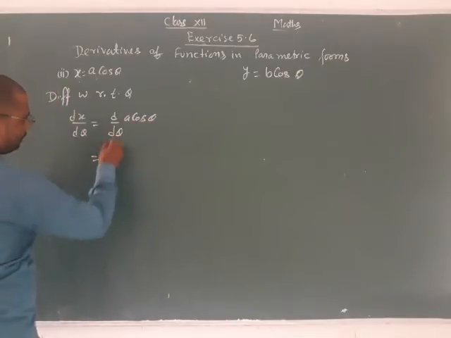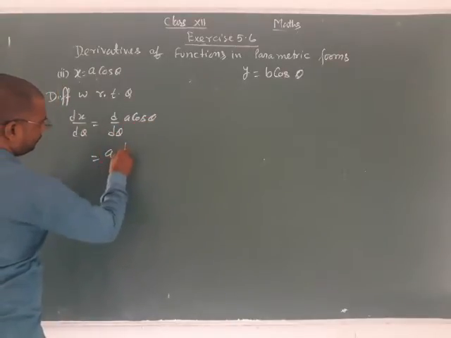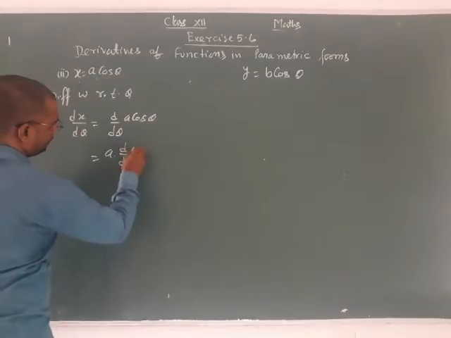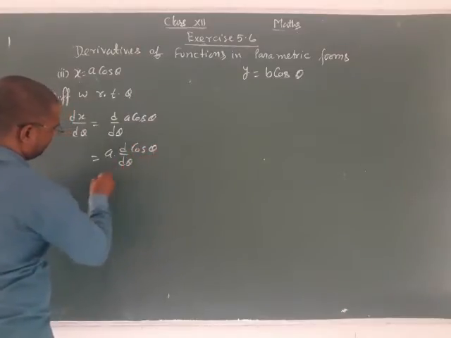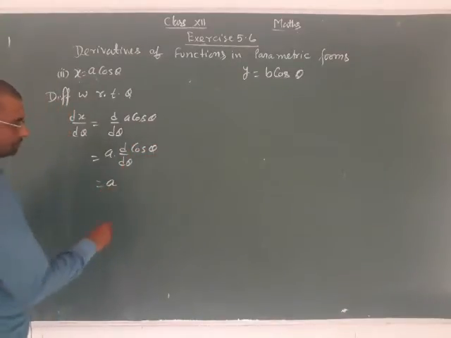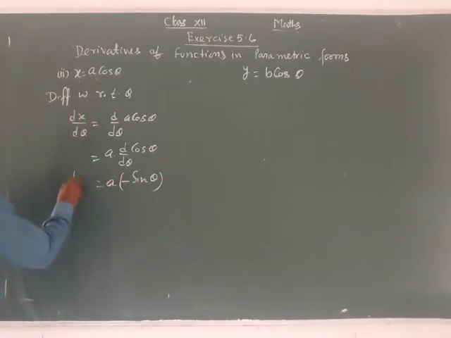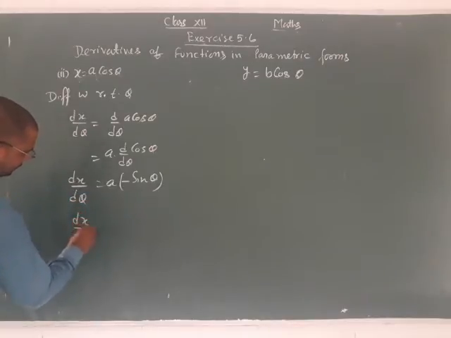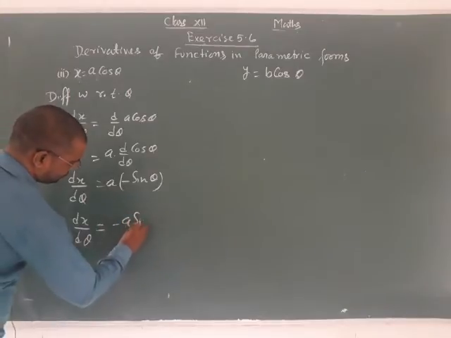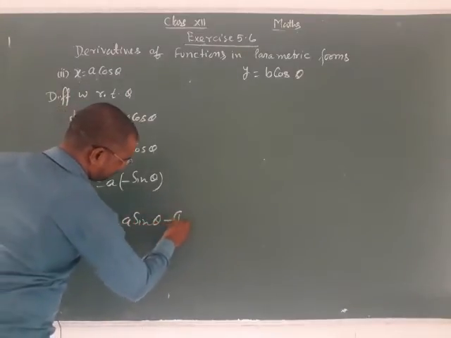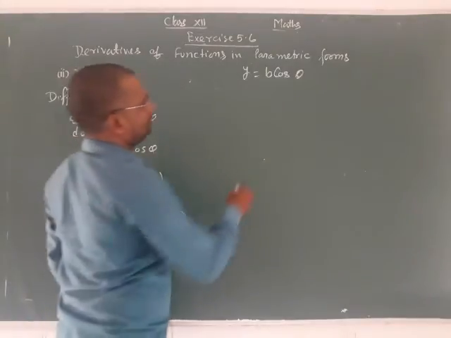So a common out, and d upon d theta of cos theta. The derivative of cos theta is minus sin theta. So dx upon d theta is equal to minus a sin theta. This is the first part.